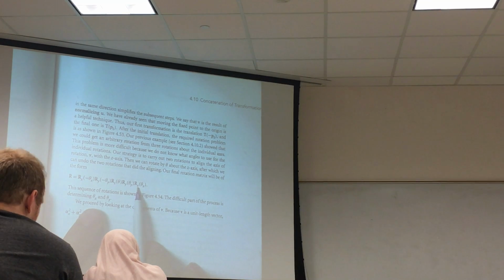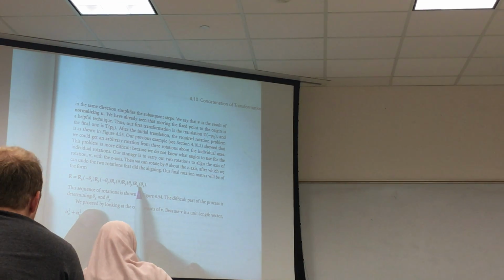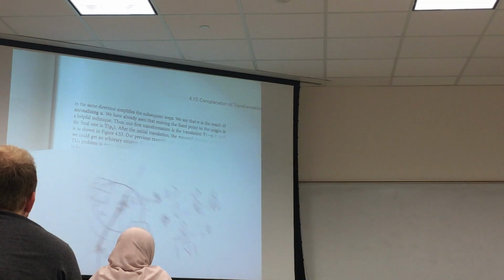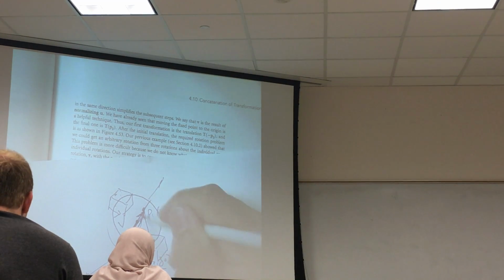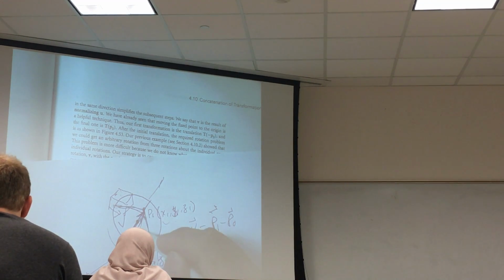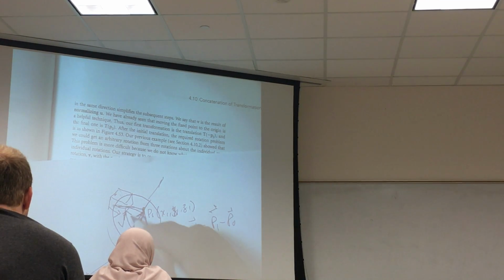Rotate about x by this theta x angle, rotate about y by theta y, and then rotate by this theta. That's the one I want to move, and this is the angle that I want to rotate from here to here. Right? This is the actual angle I want to change. This is theta.